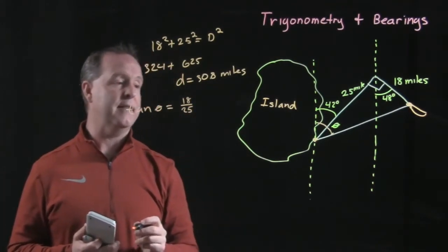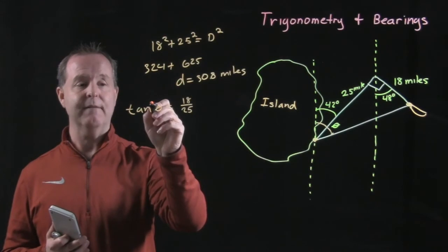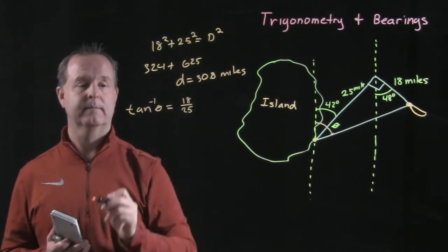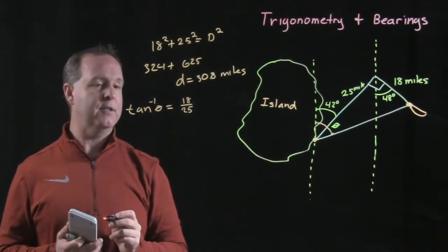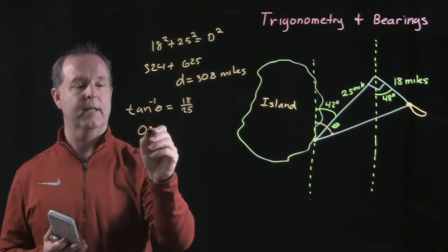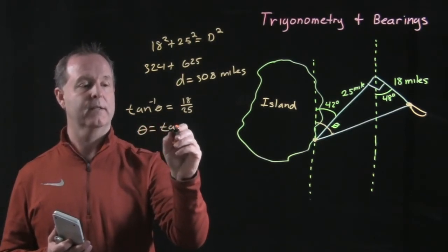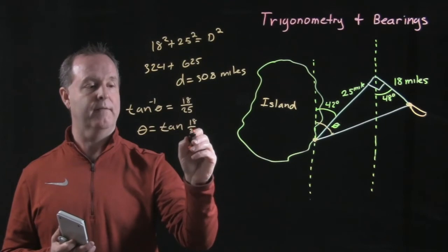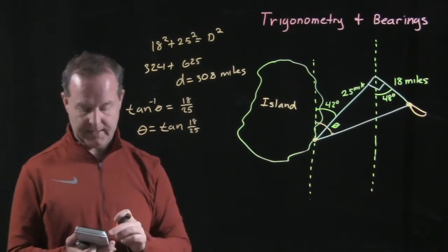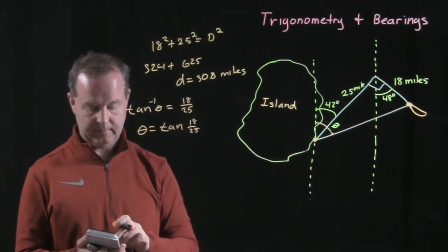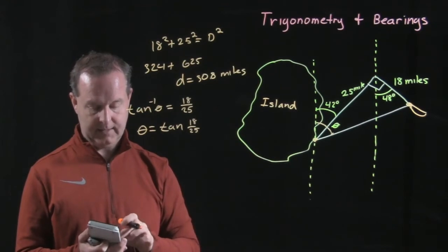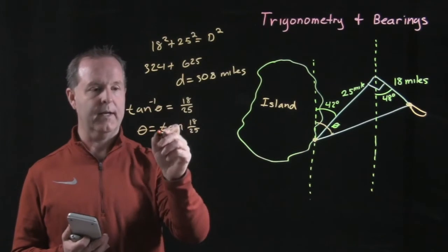Since I'm trying to find the angle, I'm looking for the inverse of that tangent. So theta equals the inverse tangent of 18 over 25.